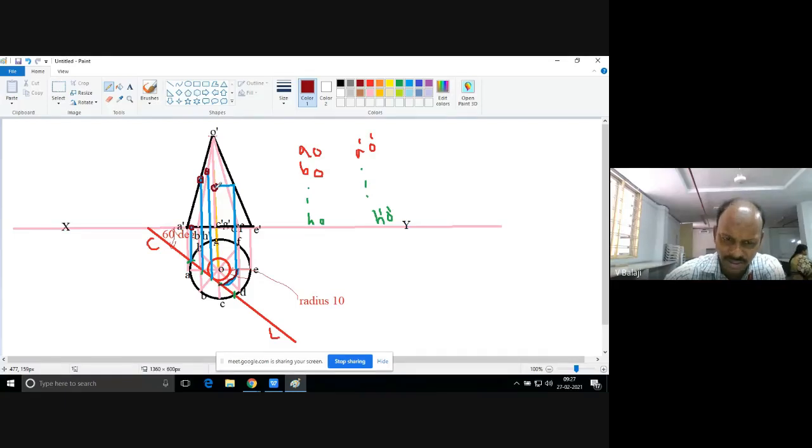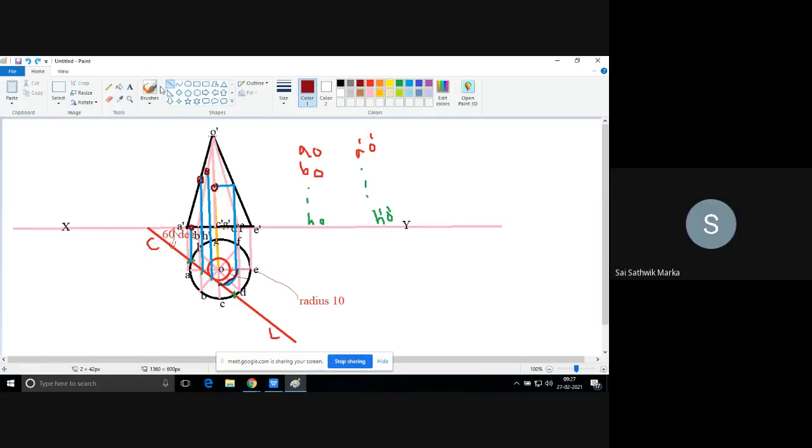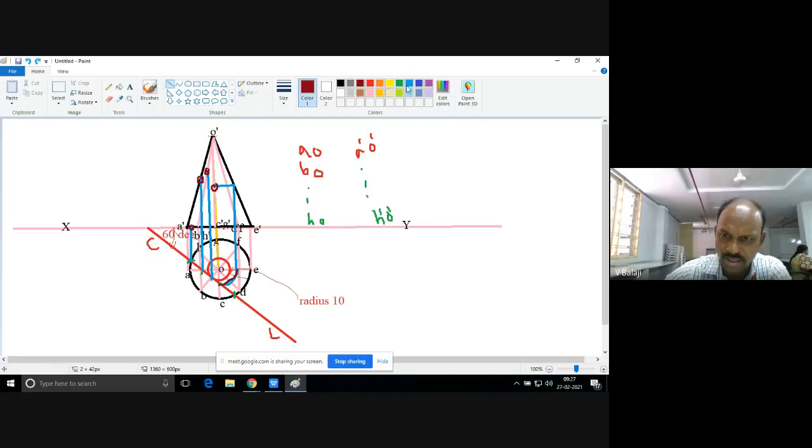Clear, sir. Okay. Now go to the last point in between CD. So I need to extend one projector, right? So where is it coming? Up to the base only, or do we need to extend above the base reference? Up to base only, right?